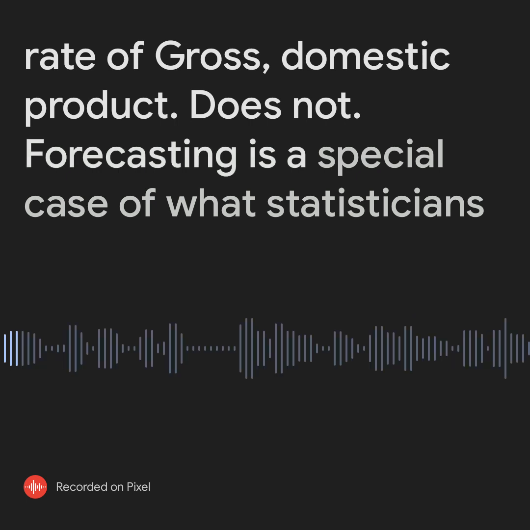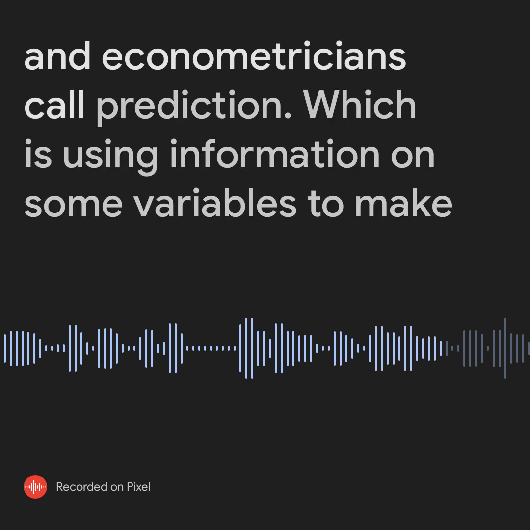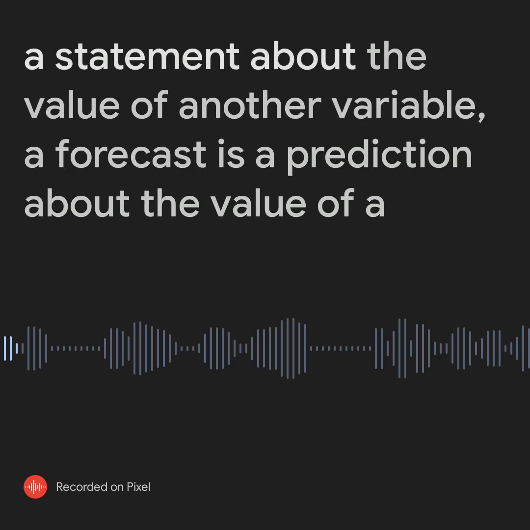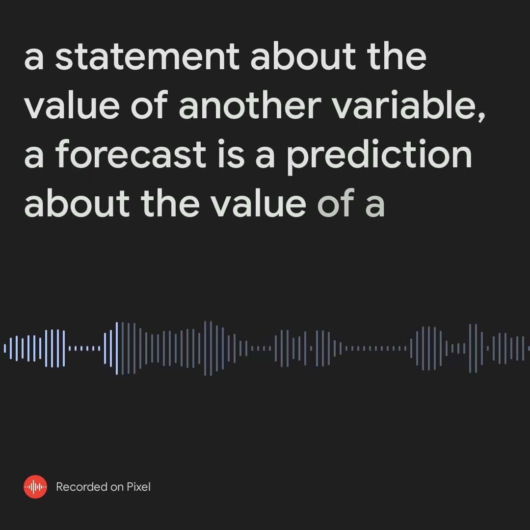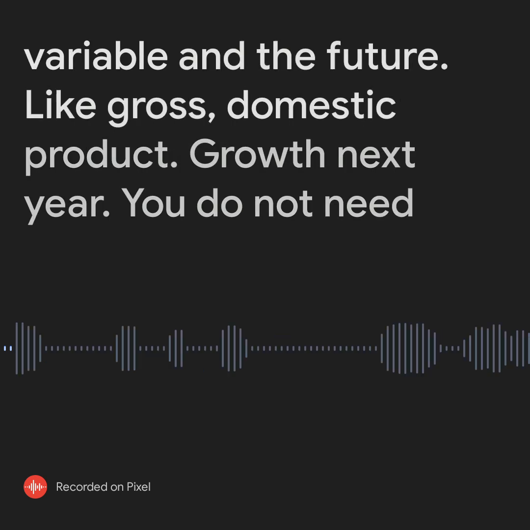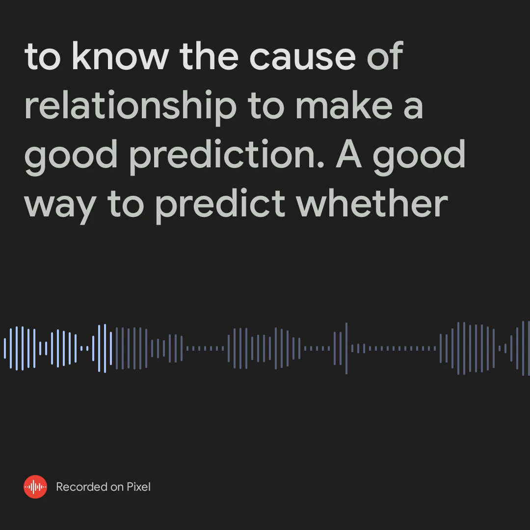Forecasting is a special case of what statisticians and econometricians call prediction, which is using information on some variables to make a statement about the value of another variable. A forecast is a prediction about the value of a variable in the future, like gross domestic product growth next year. You do not need to know the causal relationship to make a good prediction.